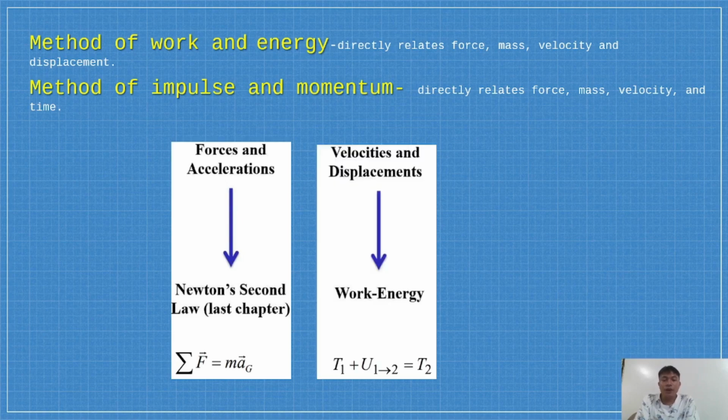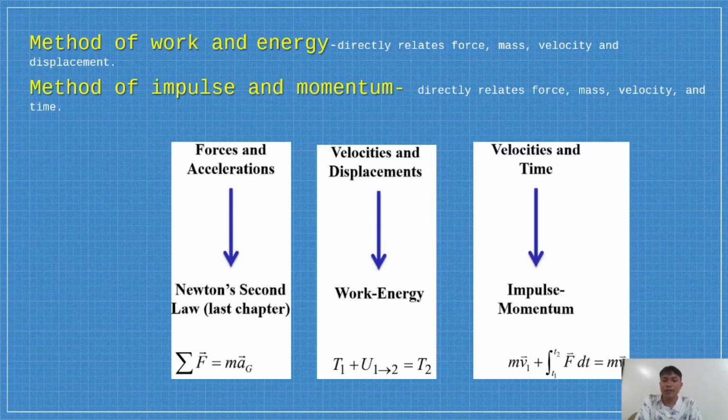For velocities and displacement, regarding work and energy, we can denote it as T1 plus U from 1 to 2 is equal to T2. For velocities and time, the impulse and momentum is mass times velocity 1 plus the integral of force dt, evaluated from time 1 to time 2, is equal to mass times the second velocity. So, work of the force.